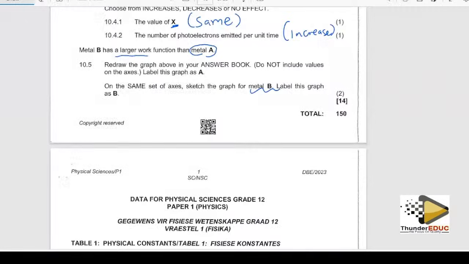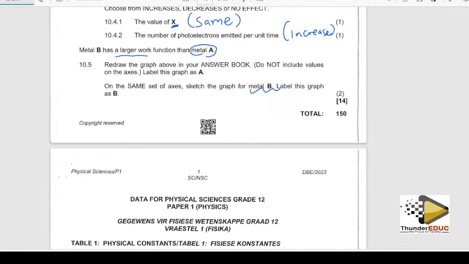One thing that we discussed before, we said the work function is directly proportional to the frequency. So if the frequency is high, even the work function is going to be high. And if the frequency is small, even the work function is going to be lower.